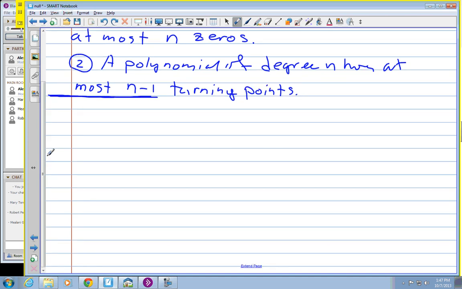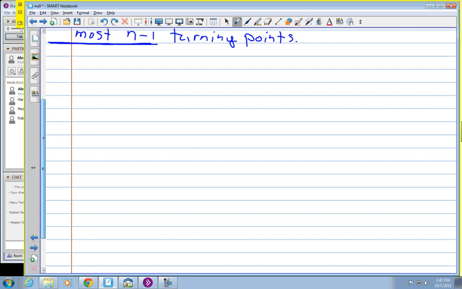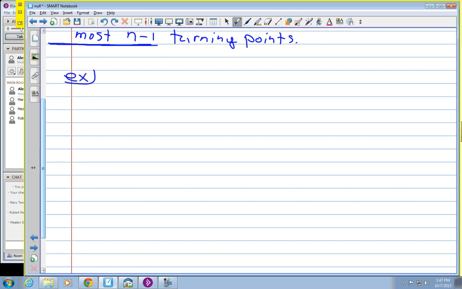Now, let me give you this example. F of x equals 2 times x minus 1, x plus 4, and x minus 3. Let's say my polynomial is in this awesome form.